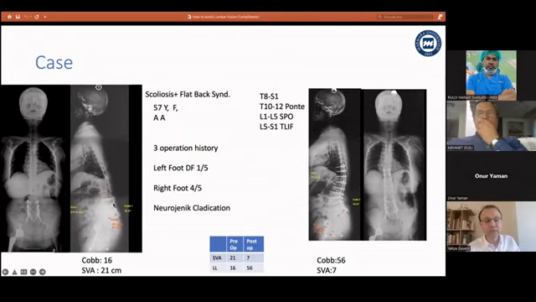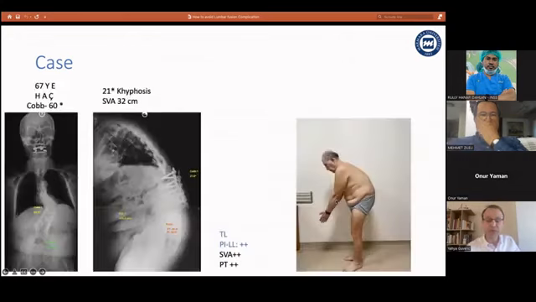So lumbar lordosis was not well achieved. 3 years later, she has again severe back pain and walking disturbance. We made revision surgery, we restored lordosis again, and we went to upper levels to prevent complications.